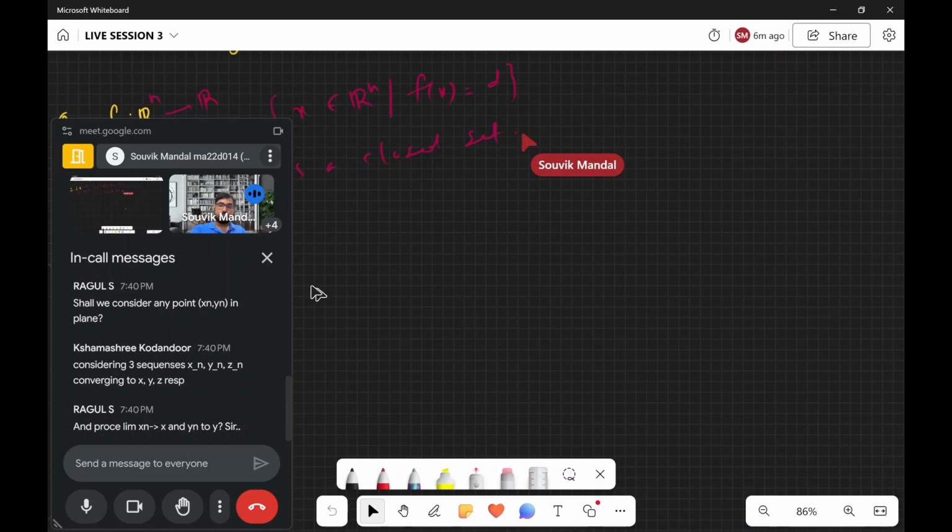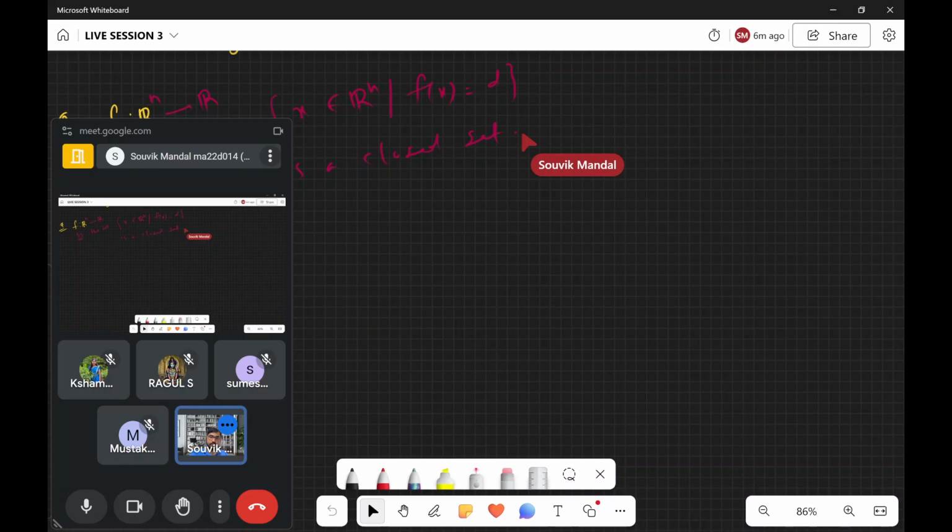So what do I need to show? Here also, of course, you need the sequential criterion of closedness, and also the given fact of continuity. So what will you do?